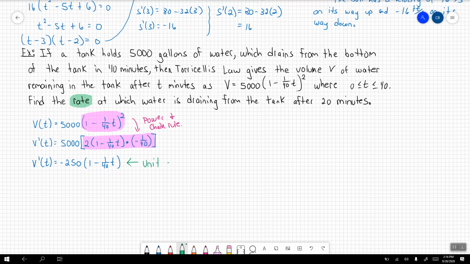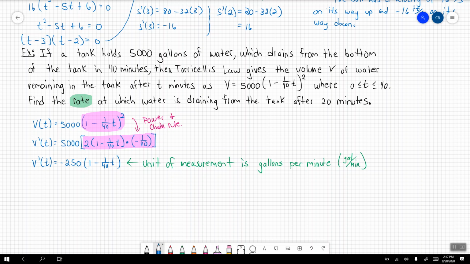So the unit of measurement for this V prime is gallons per minute. And I'm just going to abbreviate that as GAL divided by MIN, gallons per minute.